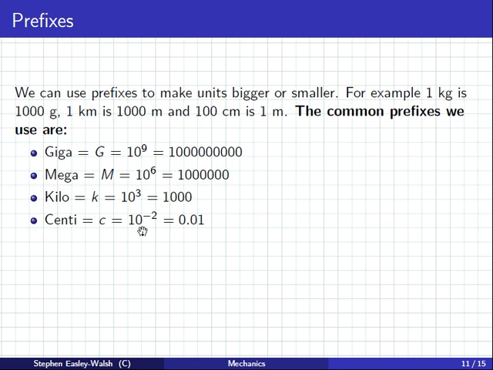Are you sure you've never seen this before? Centi? Like here, 100 centimeters equal 1 meter? Yeah, so you have seen it before.